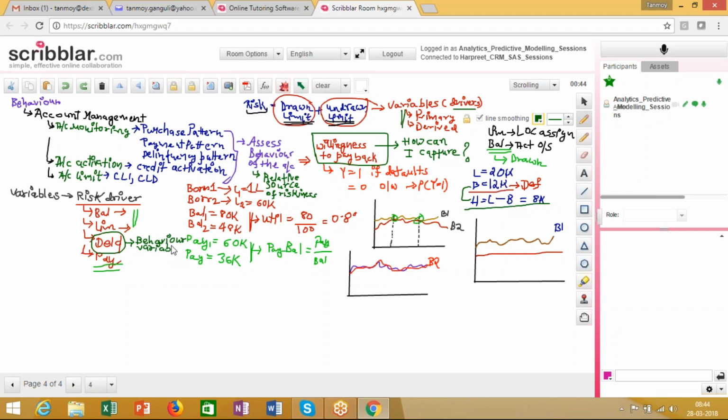It is one of the most important segmentation variables. So basically, we saw that when we were talking about the acquisition scorecard, we said that there can be different variables like OD segment, non-OD segment, current segment, non-current segment, or you can have different character traits.